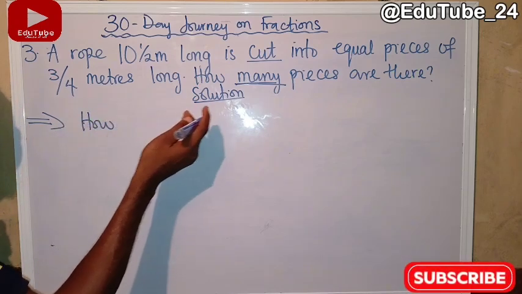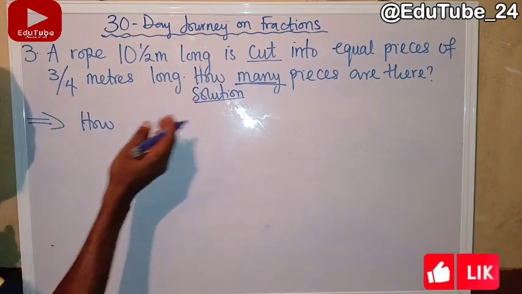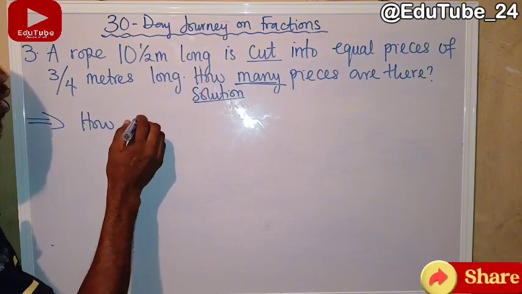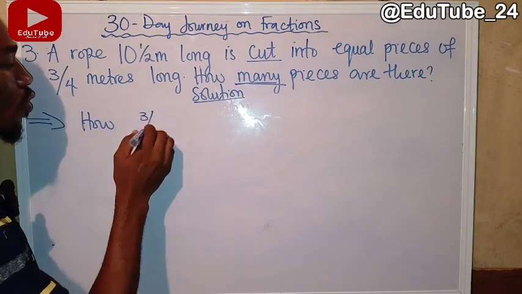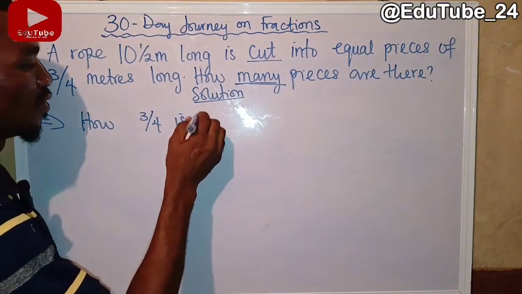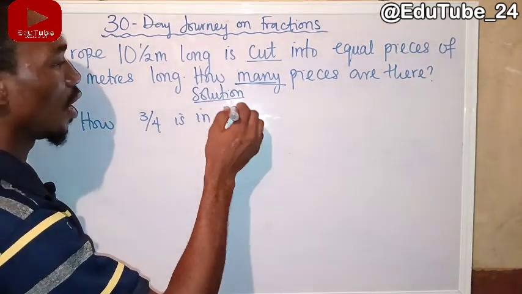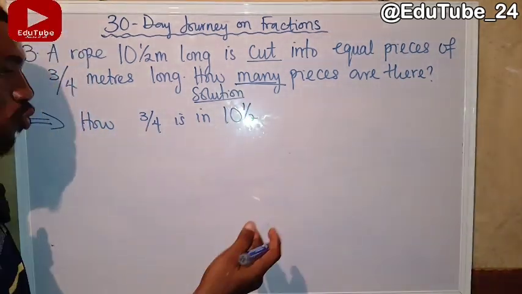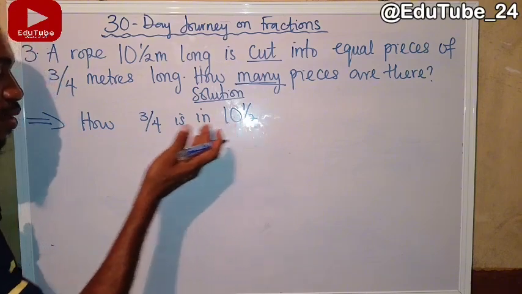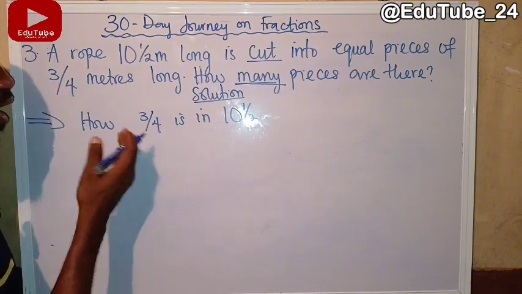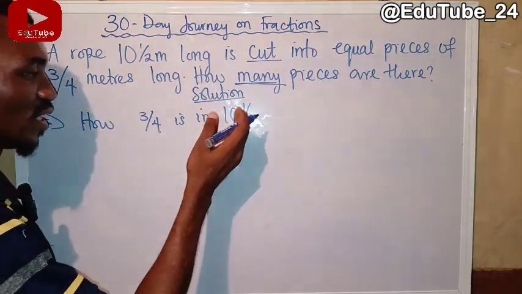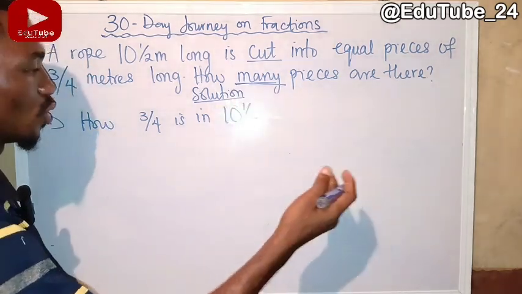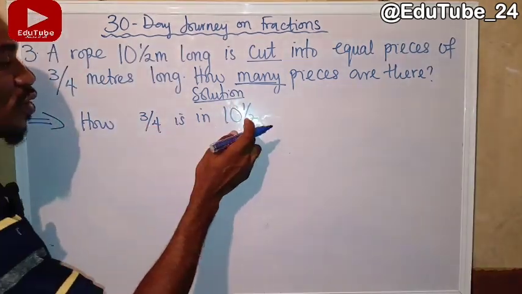A simple interpretation is how many 3/4 is in 10 whole number 1/2. To get a better understanding, it's like saying how many 2 is in 10, just for you to understand. So how many 3/4 is in 10 1/2?